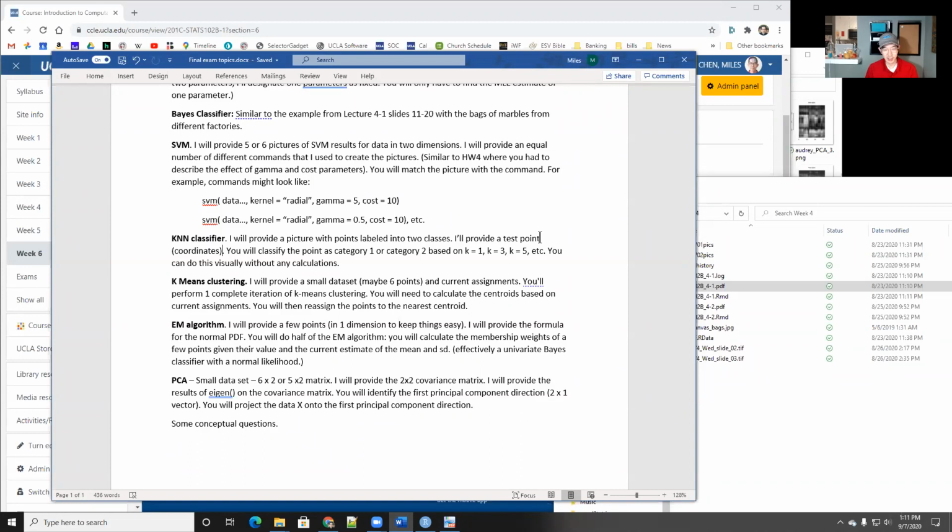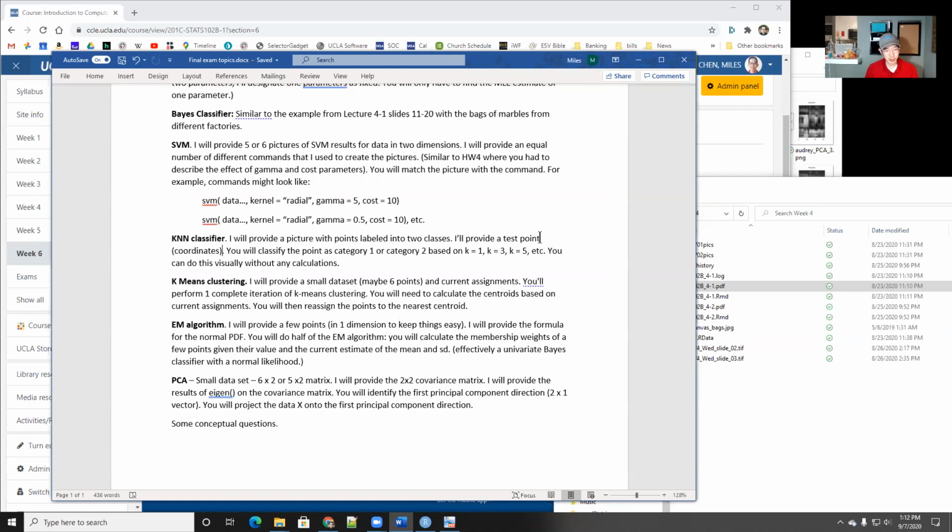Then you'll do one complete iteration of k-means clustering, which means you'll recalculate the centroids based on the current assignments, and then you'll reassign the points to the closest centroid. So pretty simple, pretty straightforward.